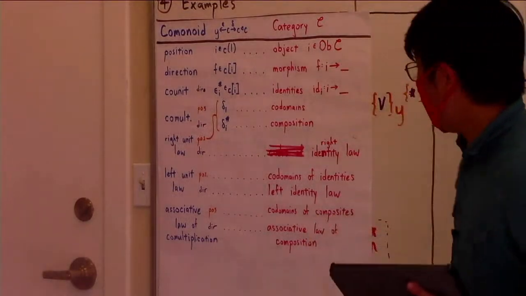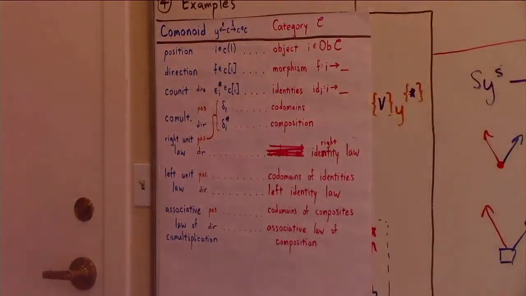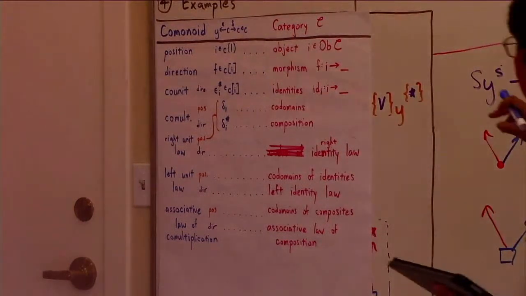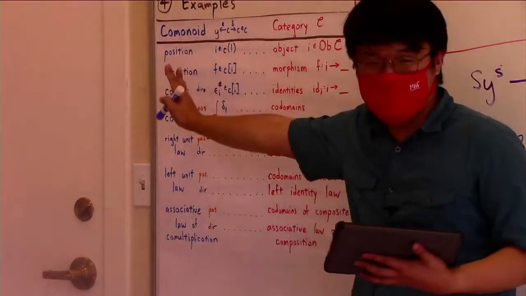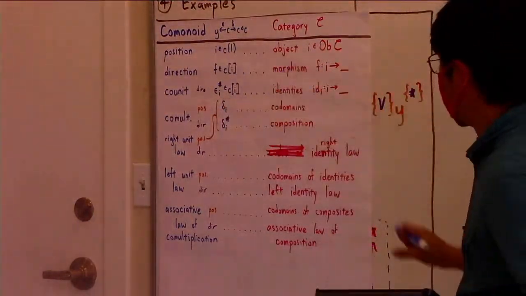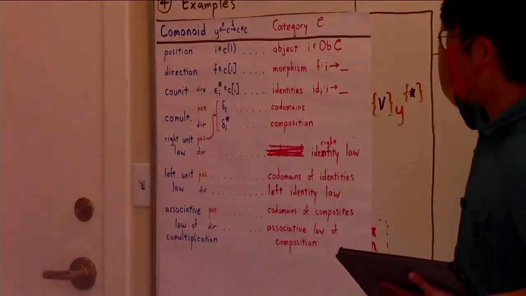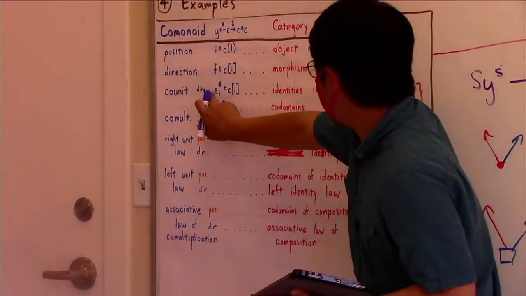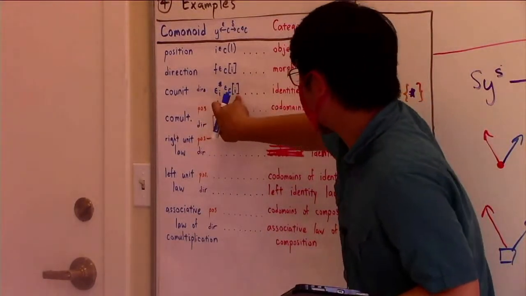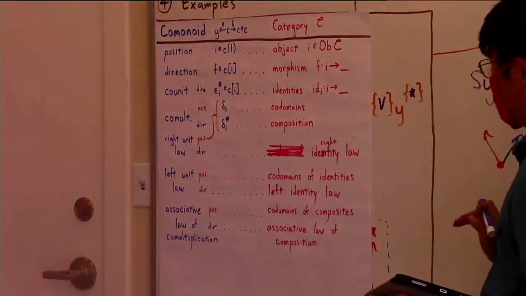But before we give that, I'll point out that the co-unit, remember the co-unit is a map epsilon from C to Y. It doesn't really do anything on positions because everything gets mapped to the same position, but on directions, it's going to give every position i a direction at that position.